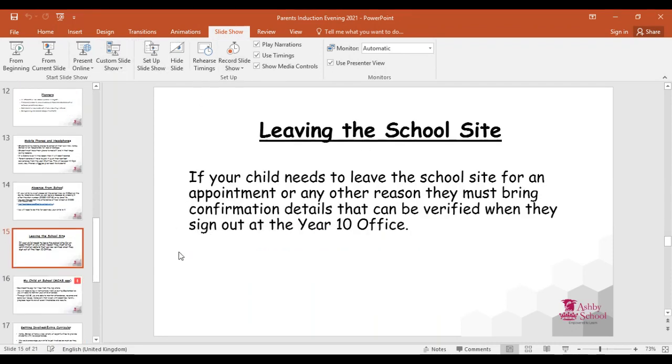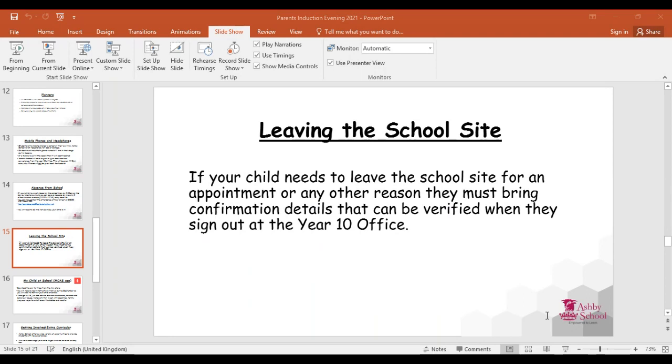Following on from attendance and absences, if a child needs to leave for a doctor's appointment or anything like that, please do contact the absence line or the year room, just to let us know and verify that. If we haven't got any verification, then we will be ringing to make sure that is the case before we let them leave the school site.